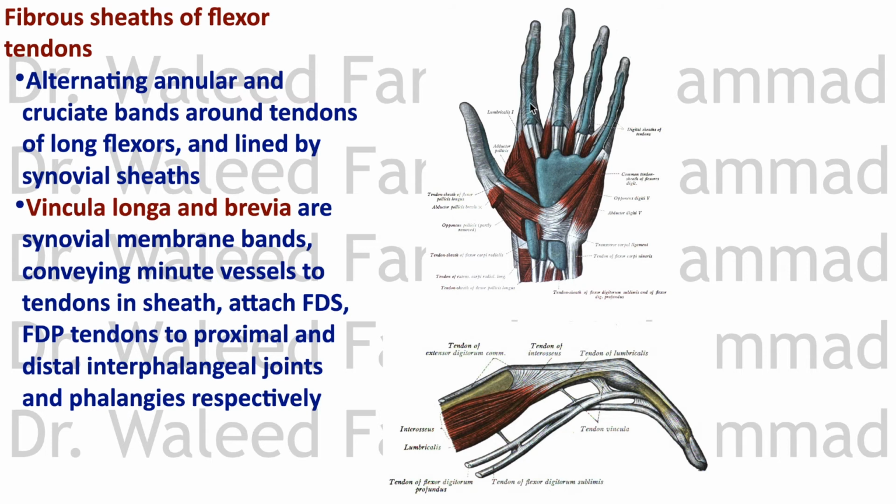Now, if you dissect the tunnel and the tendons, you will find them connected by the so-called vincula longa and brevia. They are extensions of the synovial membrane that carry minute blood vessels to the tendons. See, these are the vincula of the long flexor tendons.